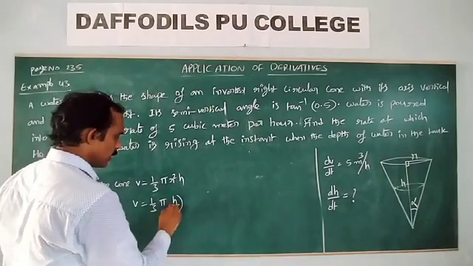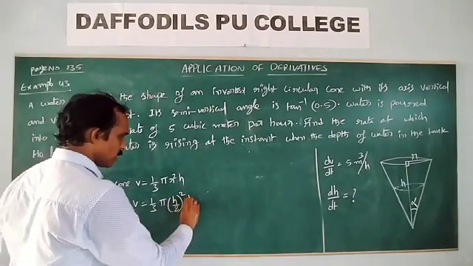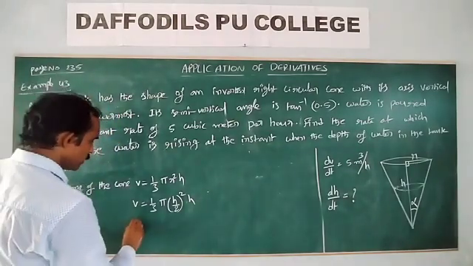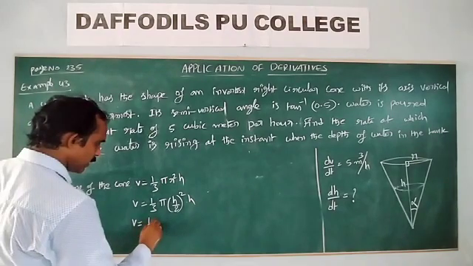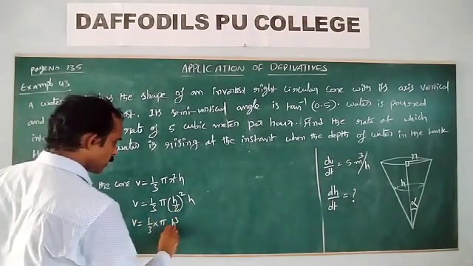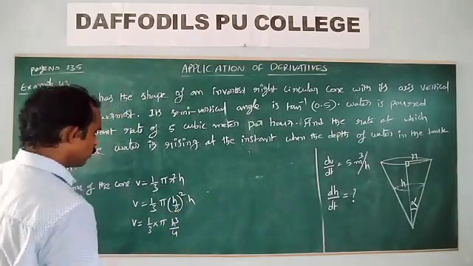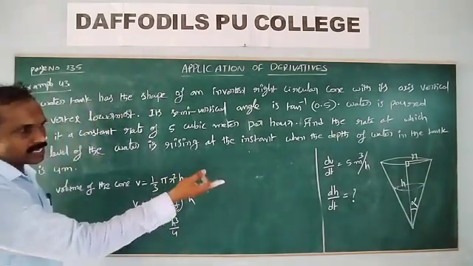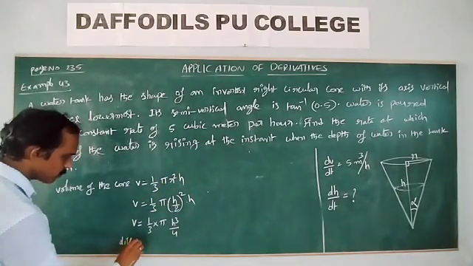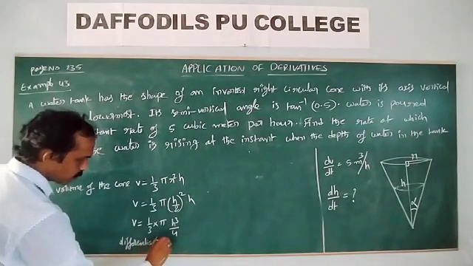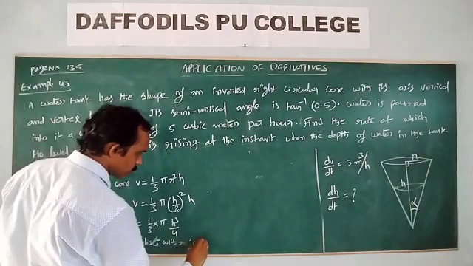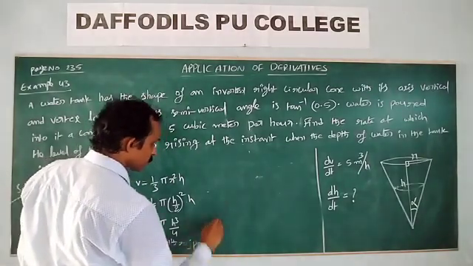So V is equal to 1 by 3 pi into h by 2 whole square into h, which is equal to pi by 12 h cube. Since we want the change in height, differentiate with respect to t.